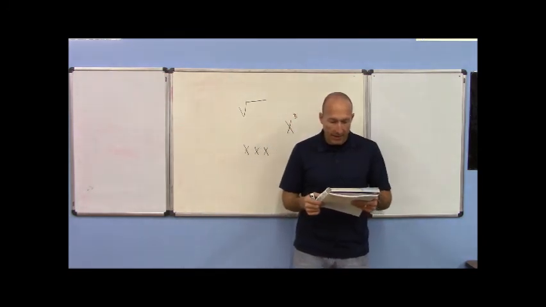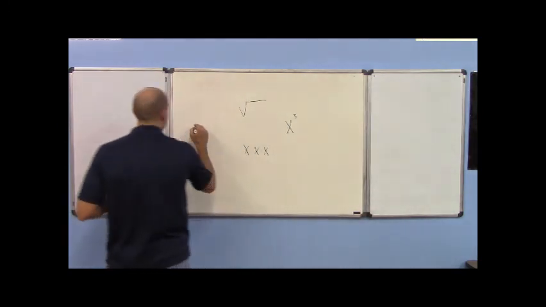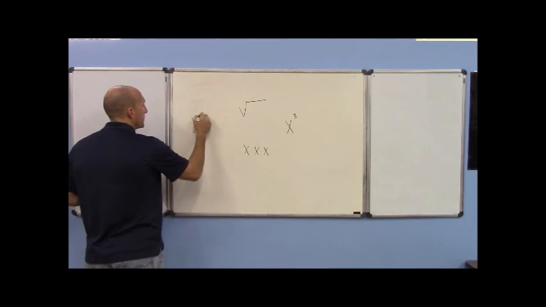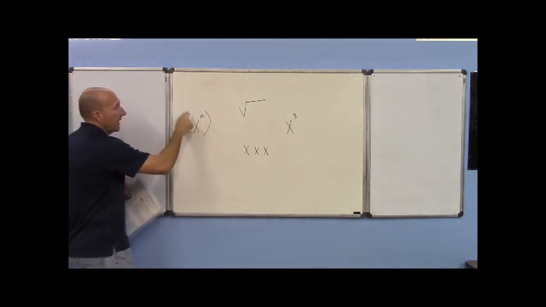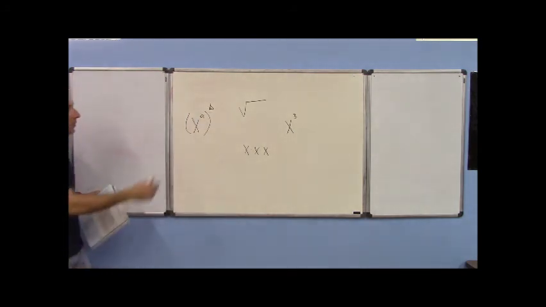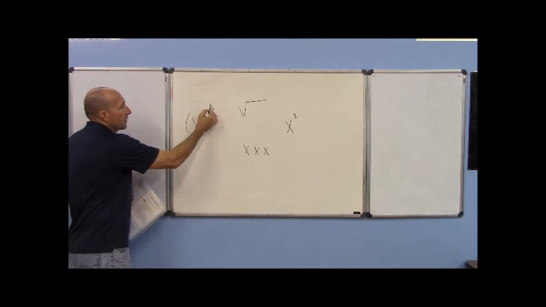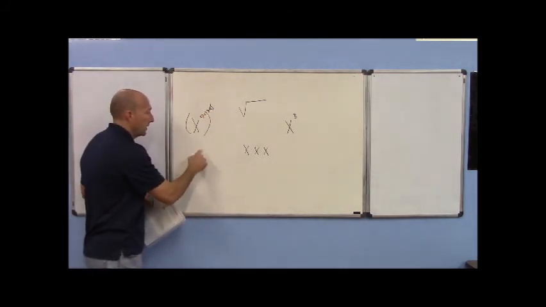Then we have the power property, and this means whenever you have x to the exponent of a, and that is all encased with an exponent of b, well then what do you do with these exponents to figure out the new exponent?